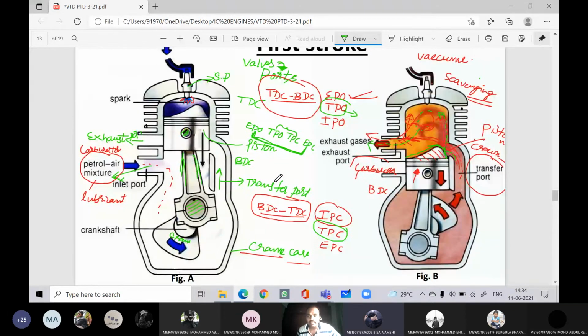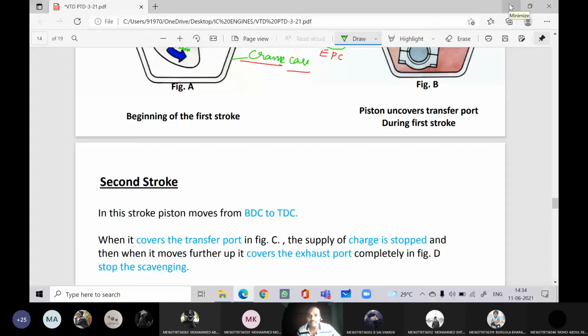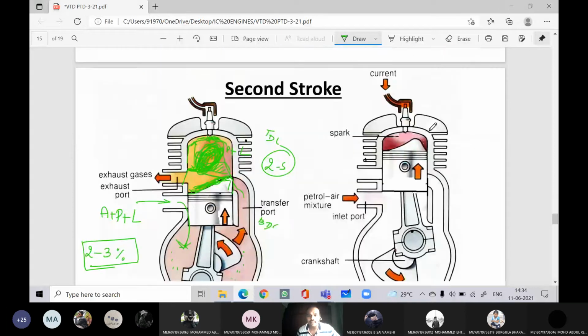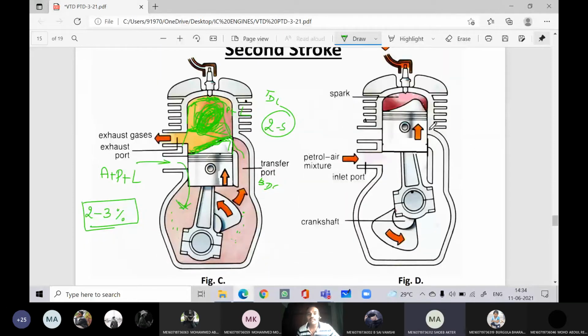Yes, sir. What is the driving force for the air fuel mixture as it has to travel from the crankcase to the combustion chamber through the transfer port? Now, I told you, during the downward stroke of the piston, it closes the transfer port, the exhaust port and the inlet port. What will happen when it is completely closed?